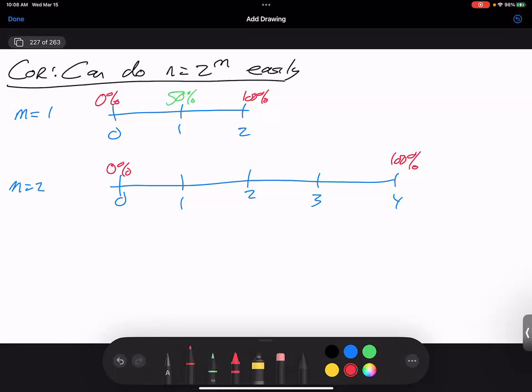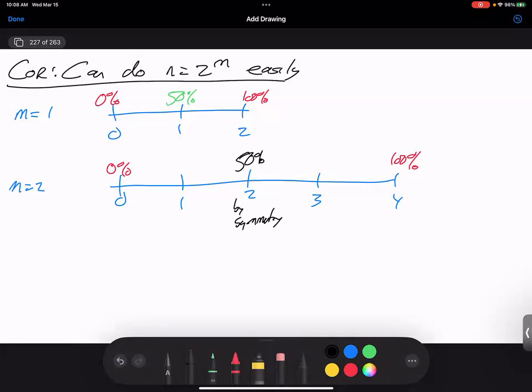We could argue by symmetry, so that would be 50%. Or you could try to reduce this to the previous case, but now we're doing steps of 2 rather than steps of 1. We look at the whole process and say, I only care about when I've eventually moved 2 steps.